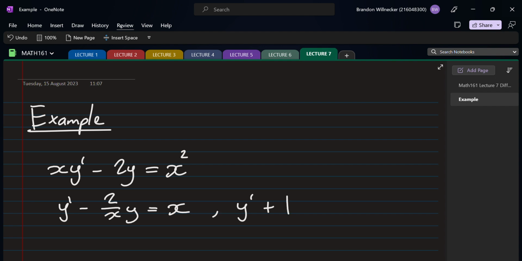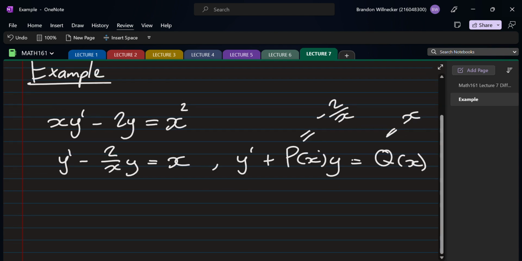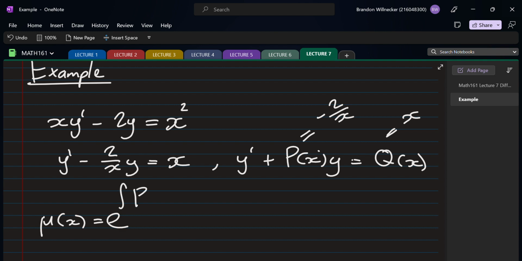So this is y prime plus p of x y is equal to q of x. We can see that p of x is going to be minus 2 over x, and q of x, that's just x. So now that we've identified our terms, we can use our integrating factor. So mu of x will be e to the integral p of x dx.